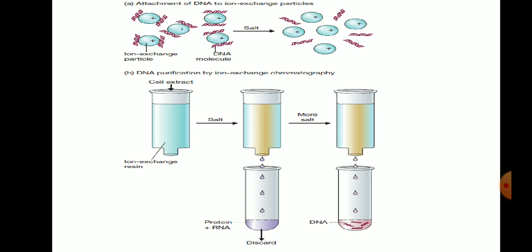The next step being measurement of DNA concentration. DNA concentration is measured using UV absorbance spectrometry. The amount of DNA is directly proportional to the UV radiation absorbed by the solution of DNA.